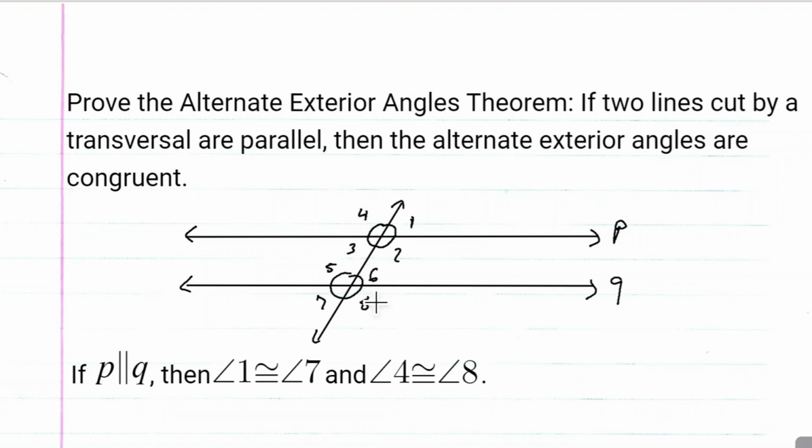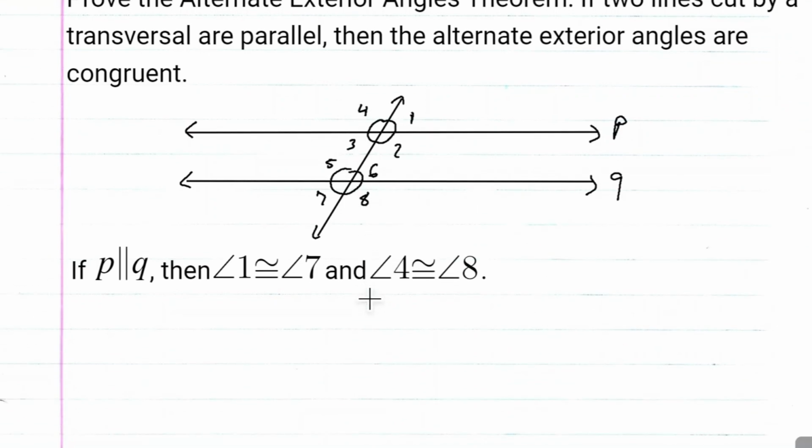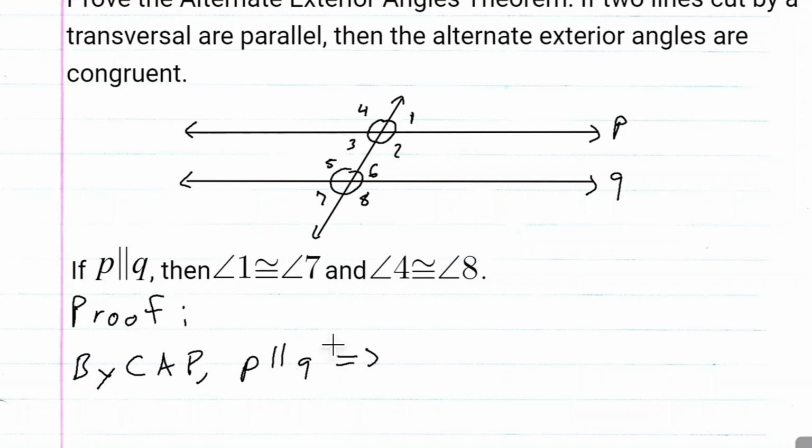Okay, so I'm going to start off the proof with the corresponding angles postulate. Since I know that these lines are parallel, by CAP, I know that P is parallel to Q if and only if, right?